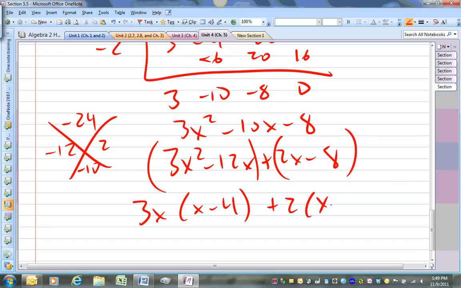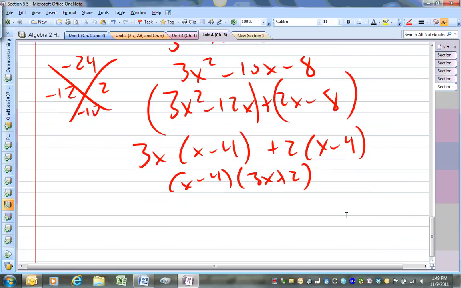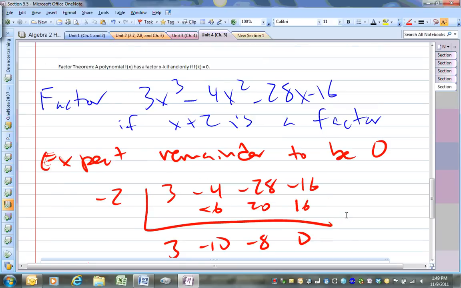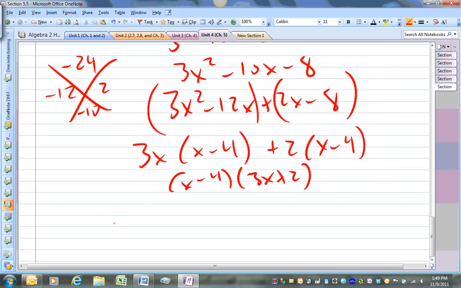Factor out 2. You have x minus 4. And if we think about it, x minus 4 times 3x plus 2. So the factored form of this would be x plus 2 from earlier, x minus 4 times 3x plus 2.